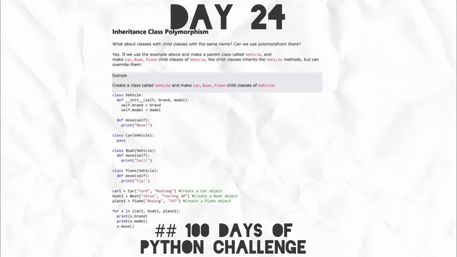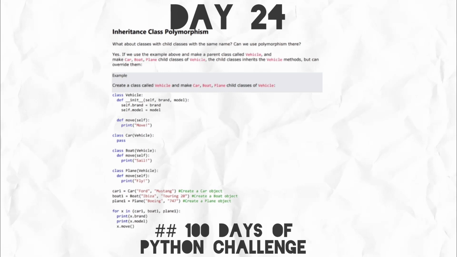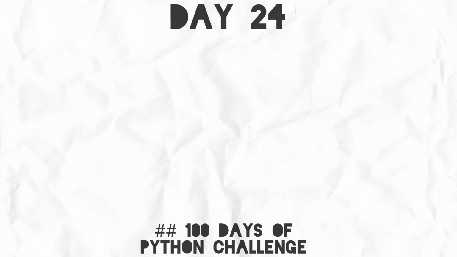The boat and plane child classes inherit this method but override it with their own implementations. When we create boat and plane objects and call their move function methods, they execute the overridden methods specific to their classes.